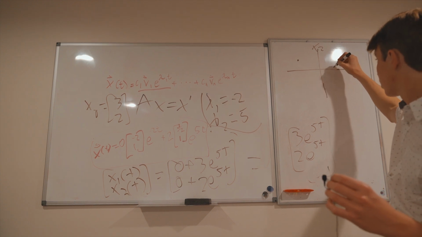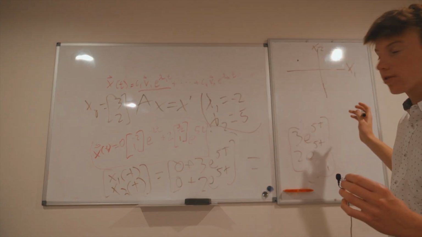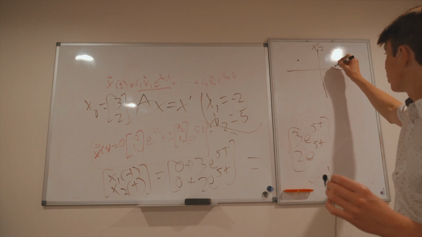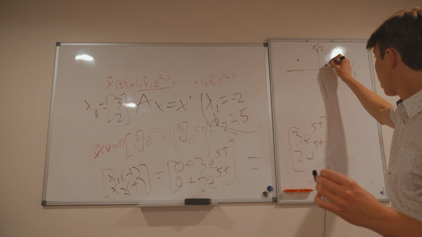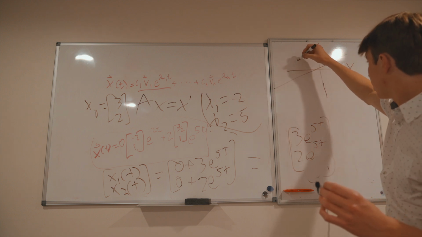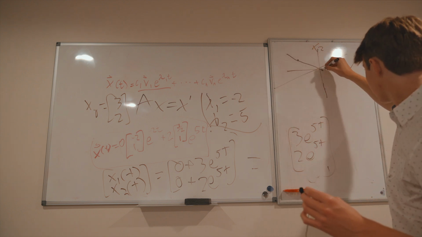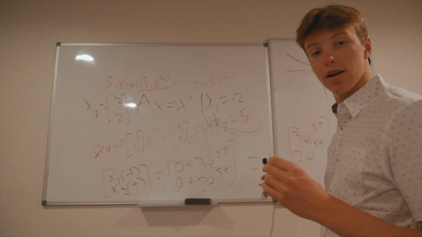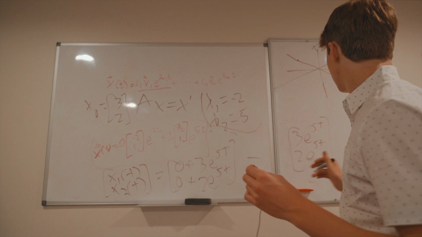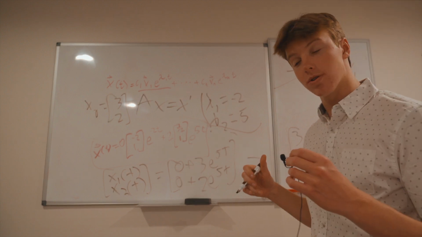So 3 over 2, 1, that's also equal to 3 and 2. So that brings us to about right there. And draw a line here through the origin, and a line here also through the origin. So these graphs of our eigenvectors will be our starting point.